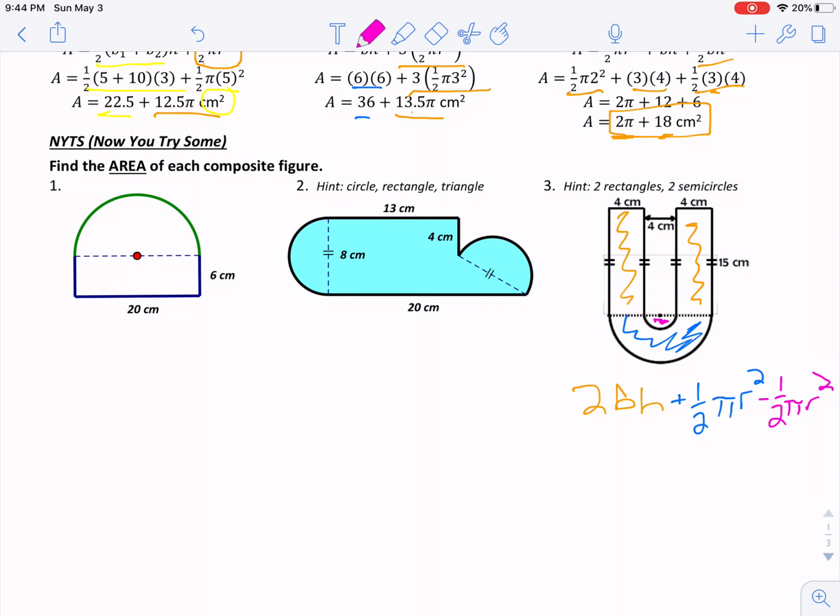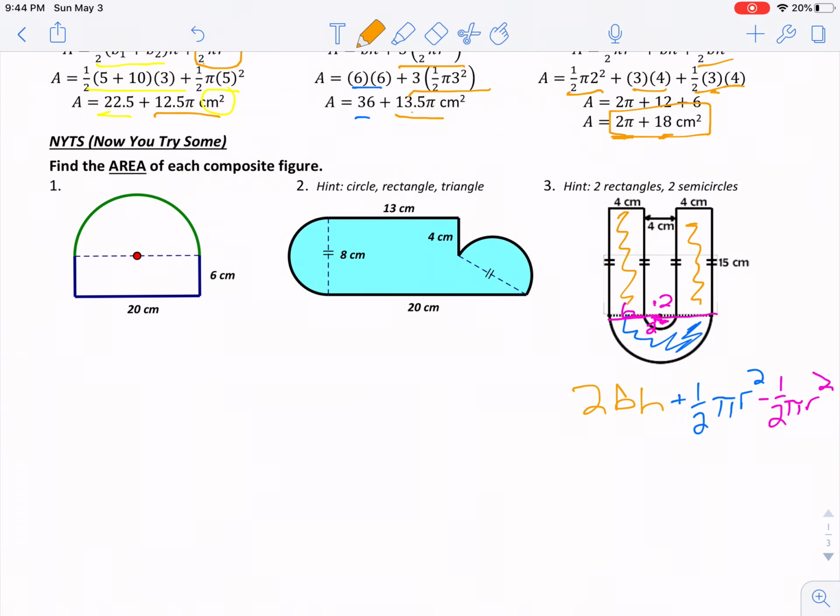Well, the radius of this big one, let's do the diameter first. The diameter of the whole thing is 4 plus 4 plus 4, which is 12. So the radius is 6 for the larger part. For the smaller one, the radius is 2 because it's just 4.